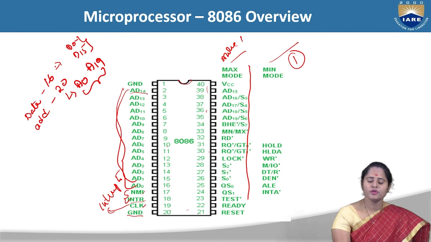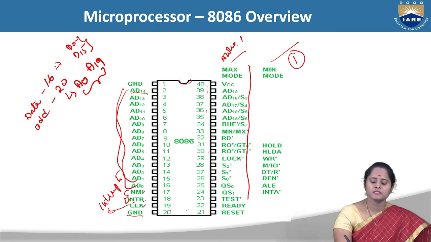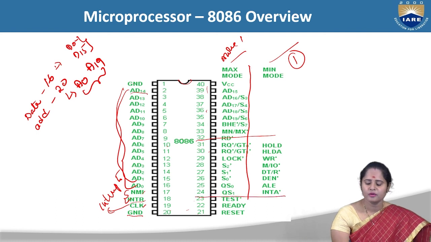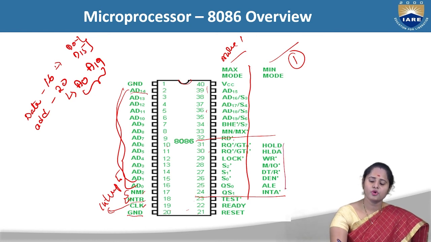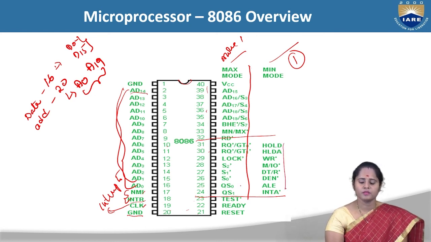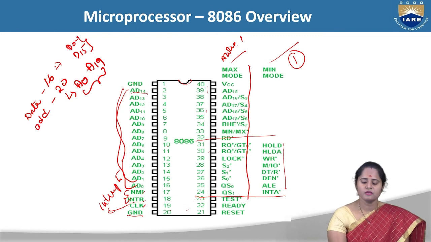Whenever you change from minimum mode to maximum mode, the set of pins from 24 to 31 changes. From pin 28, QS1 is indicated in the minimum mode as INTA.